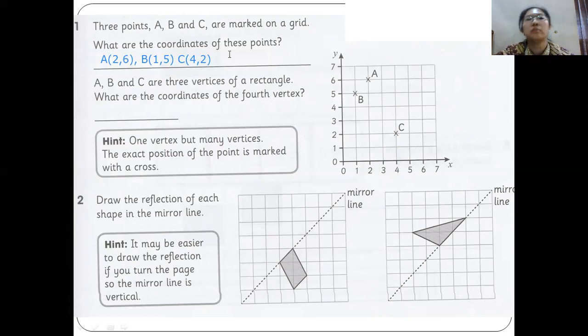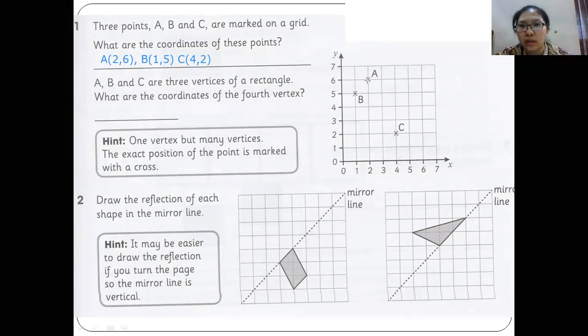Okay. If A, B, and C are three vertices of a rectangle, what are the coordinates of the fourth? What could be the fourth coordinate? Okay, so what we can do is we connect the line, the coordinates. Pay attention. B is connected to C. B and D is one diagonal line distance.